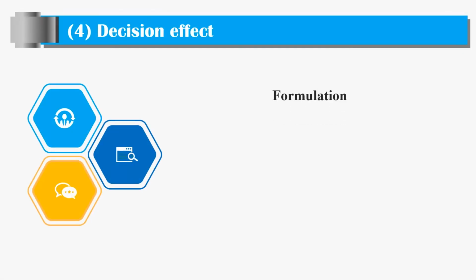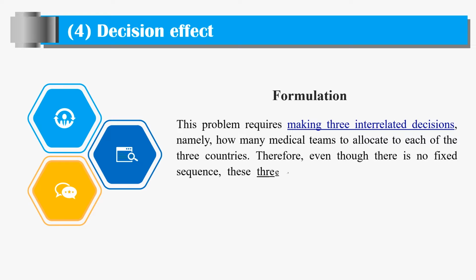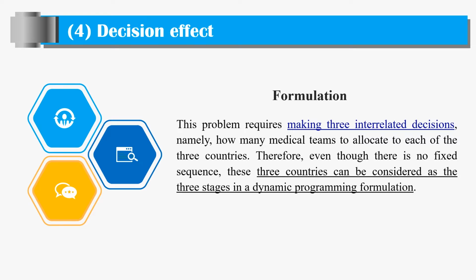To solve this problem, we first need to formulate it. This problem requires making 3 interrelated decisions, namely how many medical teams to allocate to each of the 3 countries.